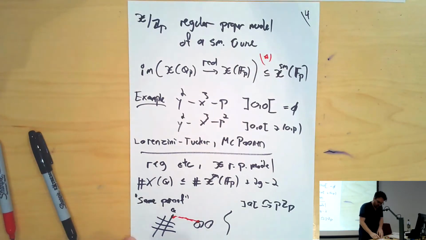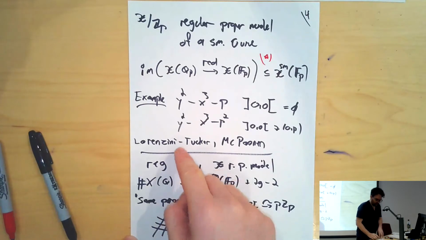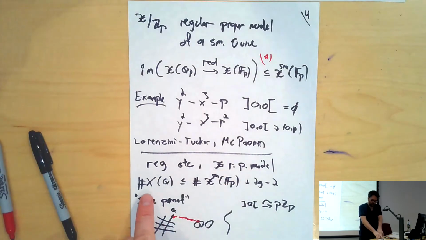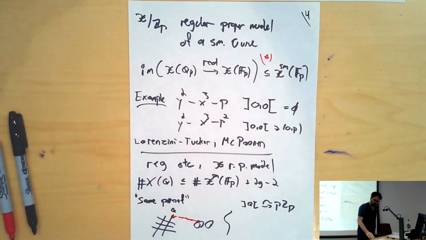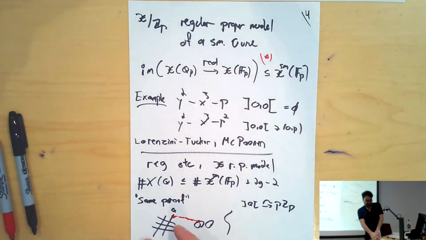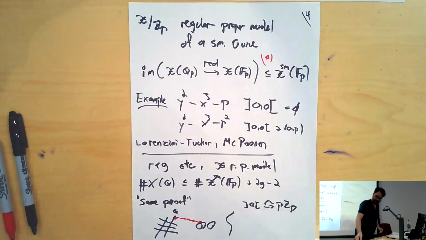But Lorenzini and Tucker figure out a way to use Riemann-Roch on the generic fiber instead of the special fiber. A lot of the work is showing that Chabauty's setup works in the bad reduction case. There are issues that we'll discuss next time. And then McCallum and Poonen give an alternative proof in their survey in the appendix using, instead of Riemann-Roch, arithmetic intersection theory and adjunction on the model.